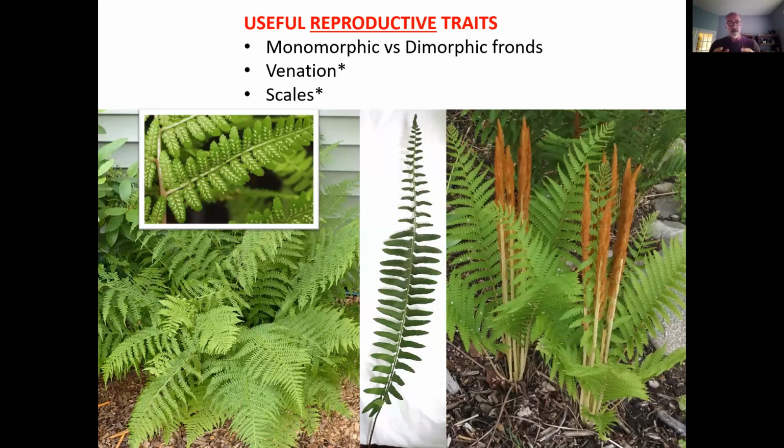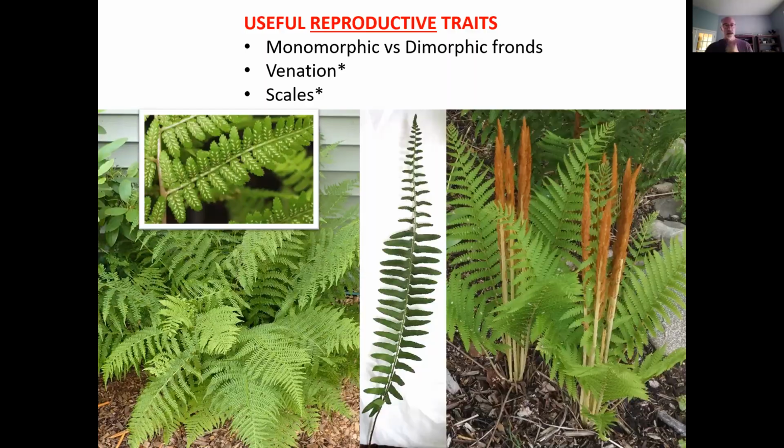Seems like a lot of bad design for photosynthesis. Well, those are the leaflets that are fertile. The leaflets below are vegetative. They don't have any sporangia. So this would also count as a dimorphic frond, right? Because a vegetative frond of Christmas fern doesn't have this sudden constriction in the size of the leaflets. I'm going to show you another photo of that for Christmas fern.